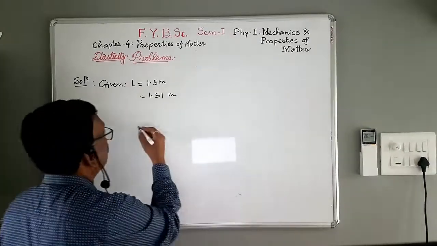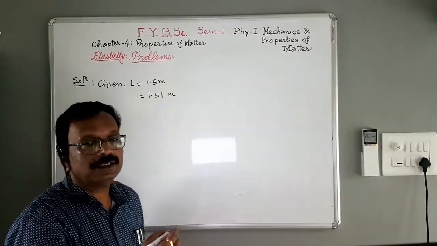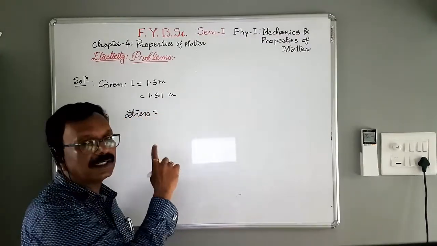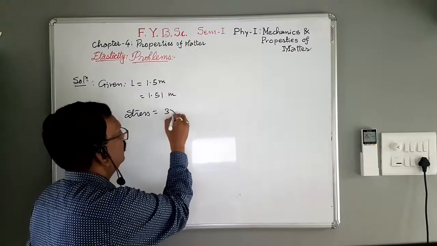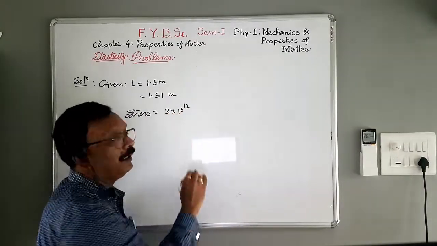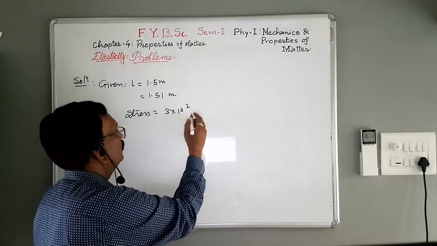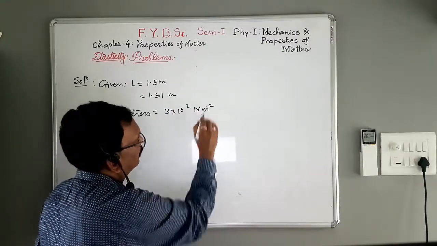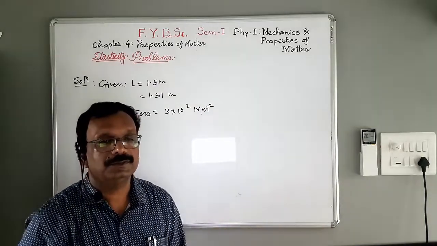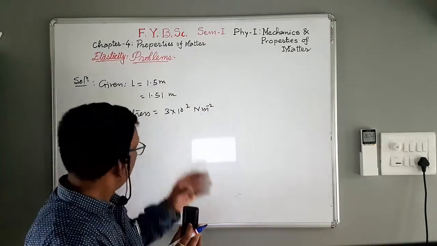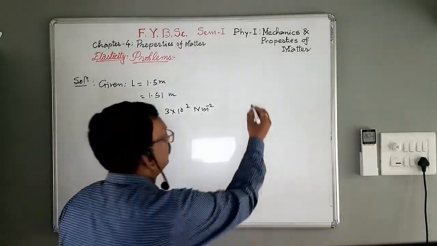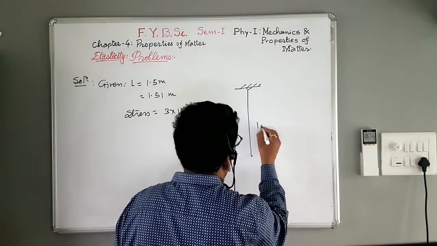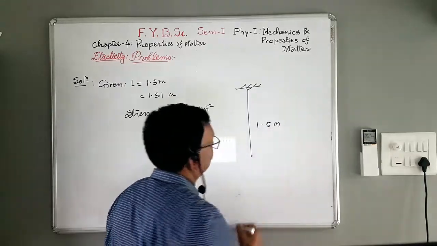Now, the stress in the wire is also given, and that stress is 3 into 10 raised to 2 Newton per meter square. Here again, there is a wire fitted to the ceiling. The length of the wire is 1.5 meter.